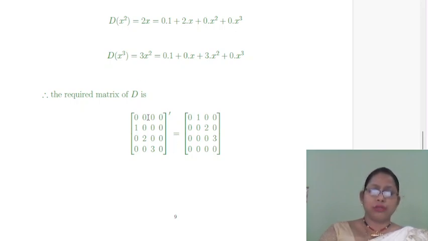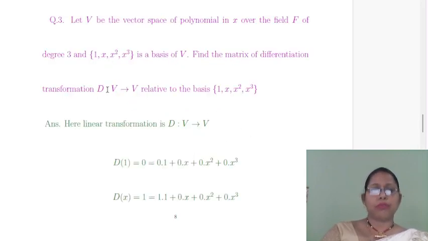This is equal to 0, 0, 0, 0, 1, 0, 0, 0, 0, 2, 0, 0, 0, 0, 3, 0. Taking the transpose, we get 0, 1, 0, 0, 0, 0, 2, 0, 0, 0, 0, 3, 0, 0, 0, 0, which is the required matrix for the given differentiation transformation.